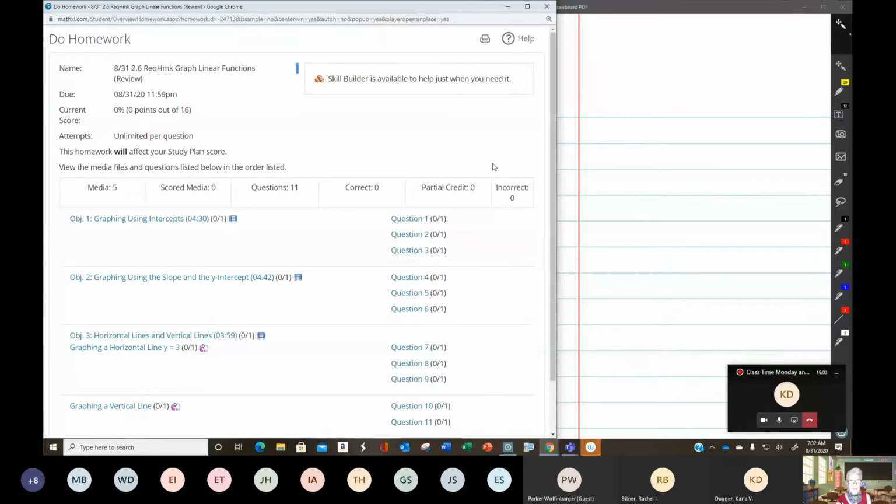MyMathLab can tell by the points that you choose to graph. So let's use the methods we're being asked to use. This first group of problems asks you to graph linear functions by using intercepts. So we get to review how to find intercepts as well.